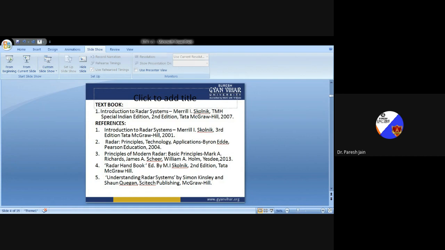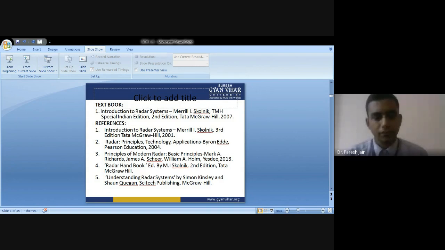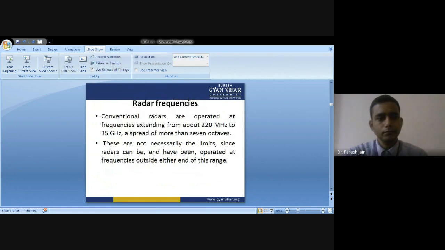Conventional radars are operated at frequencies extending from about 220 megahertz to 35 gigahertz.